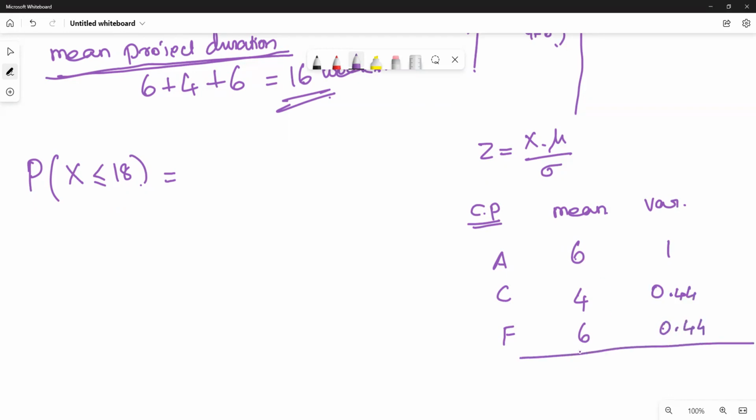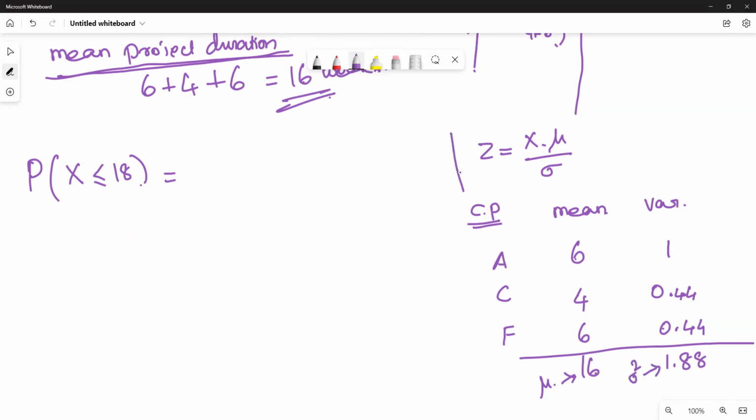Find the total mean, 16. It is the total duration. Generally, the total mean of the critical path is nothing but the project total duration. And variance is 1.88. So let it be mu, the mean of the project, and this is the variance. What is the notation we use? Sigma square.